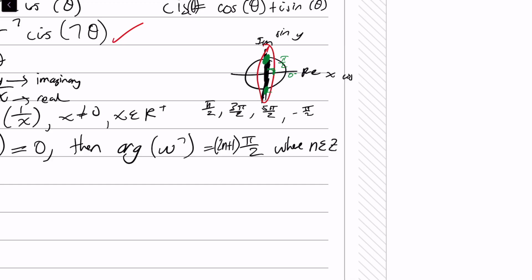Whether n is positive or negative doesn't really matter, as long as I have a range of values I can work with.